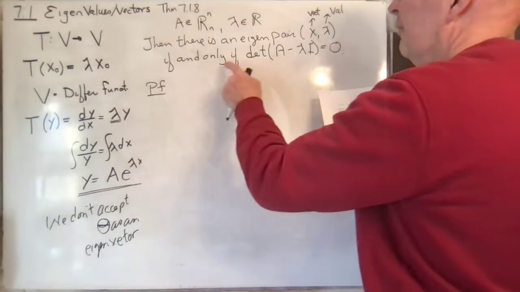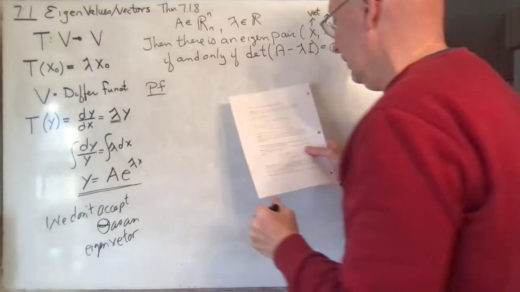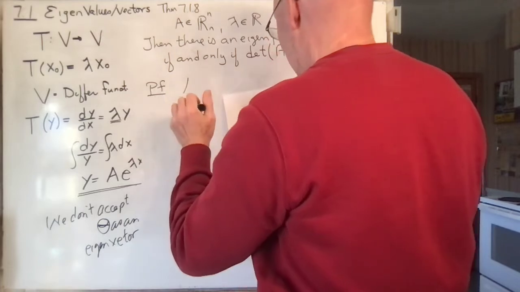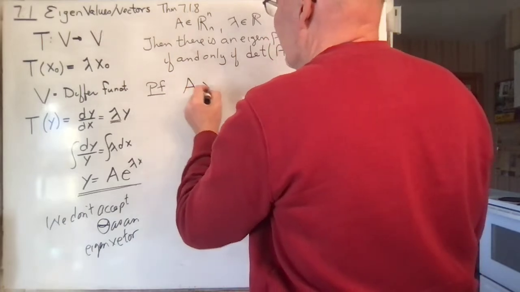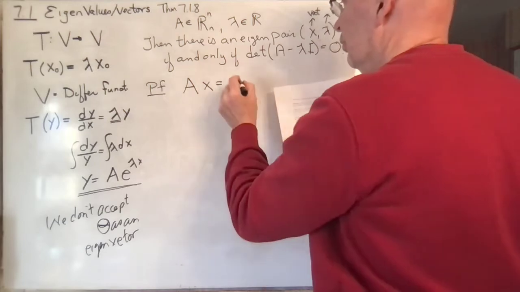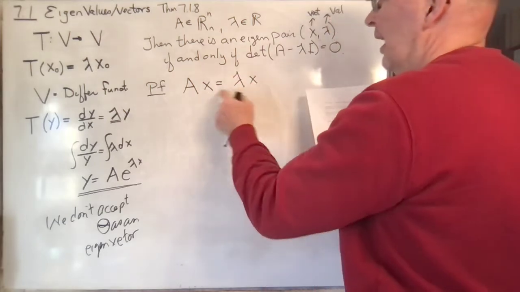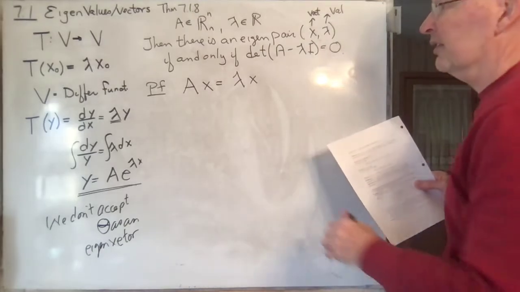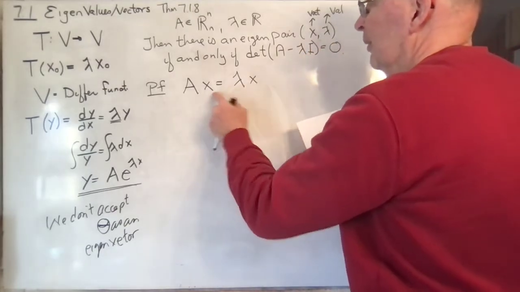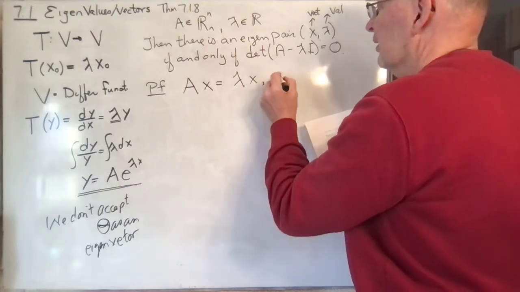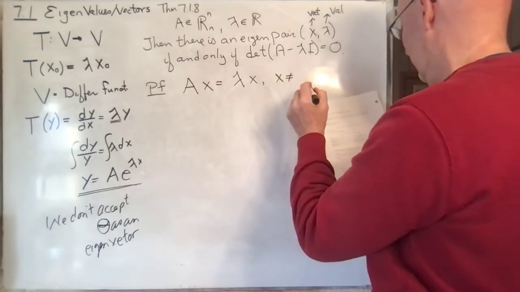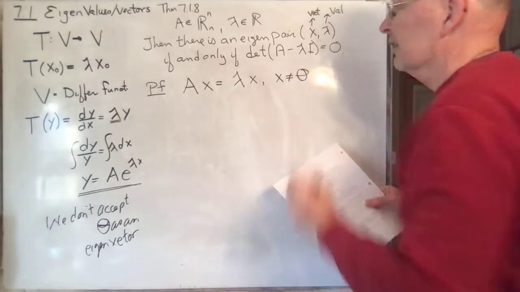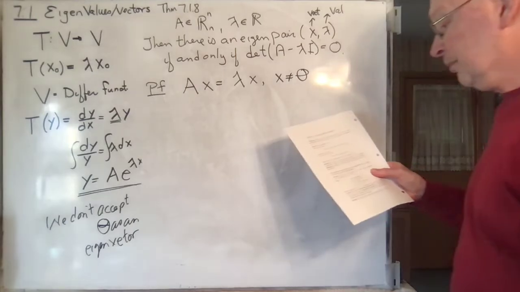Okay? So we're going to start off by assuming that this thing is an eigenpair. What does it mean to be an eigenpair? It means that Ax is equal to lambda times x, and x is not the zero vector, because we know that's always true for the zero vector. So to be an eigenpair means that x is something other than the zero vector. So we'll say x is not equal to theta, and I use a theta here for my zero vector. Okay, so we start with that.